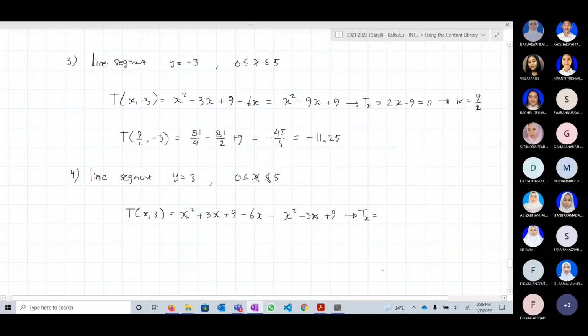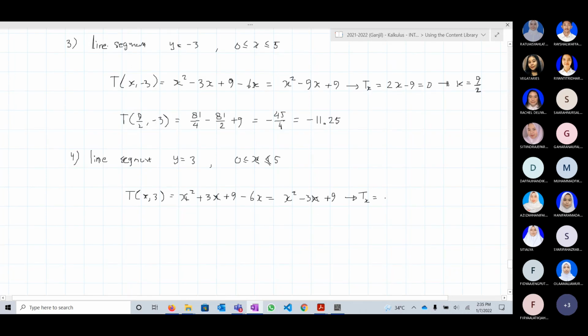And here the derivative with respect to x is 2x plus 3. It means that if we want to make it equal to 0, we have that x must be equal to minus 3 over 2.